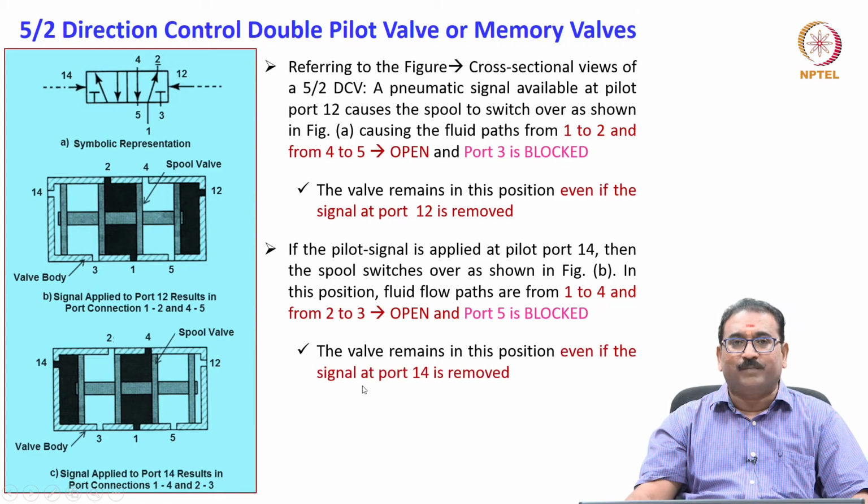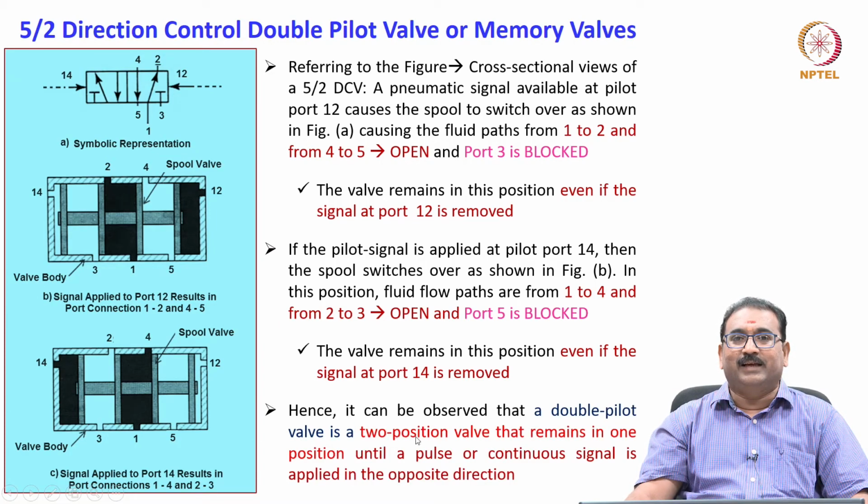Please remember, friends, the valve remains in this position even if the signal at 14 is removed. When will it switch over? When the opposing signal comes. Remember this. Hence, it can be observed that a double pilot valve is a two-position valve that remains in one position until a pulse or a continuous signal is applied in the opposite direction.